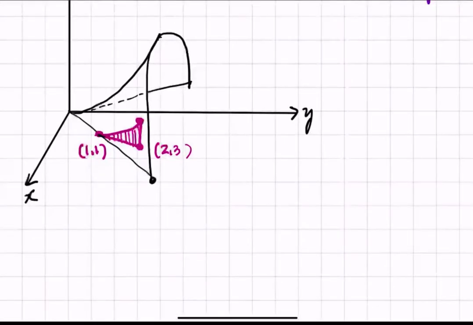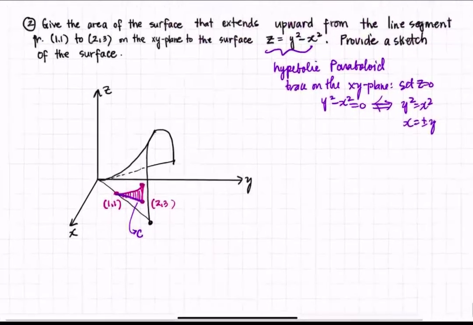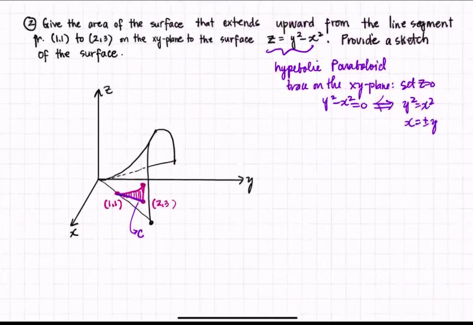So, itong i-highlight ko ng violet, that is our C. Okay, so nagigets nyo na ba ano yung tanong? So, ito yung line segment from 1, 1 to 2, 3. You extend it upward. Ito yung makukuha nyo. So, yung bubungan niya, bubong, or the ceiling, is the hyperbolic paraboloid. And we have a formula for that kung paano makukuha yung surface area nito.